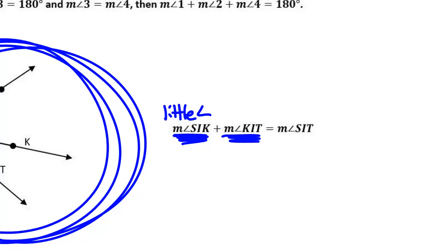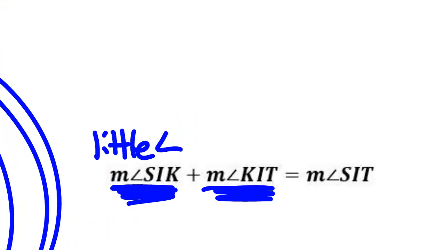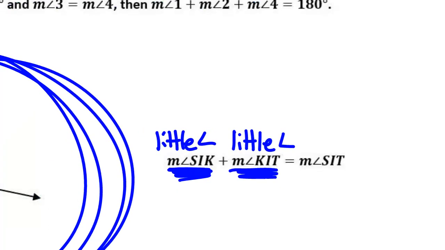Little. So they're adding the 2 little angles together, and they have that equaling angle SIT. Is SIT big or little? Big.